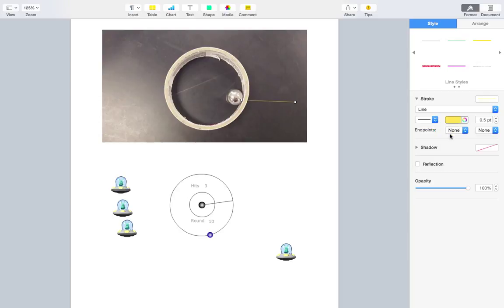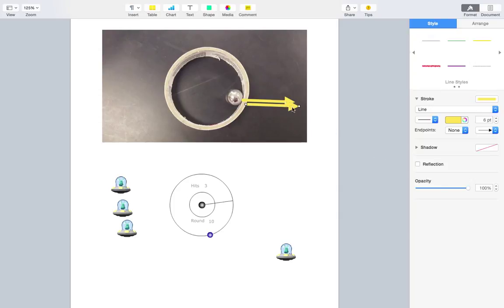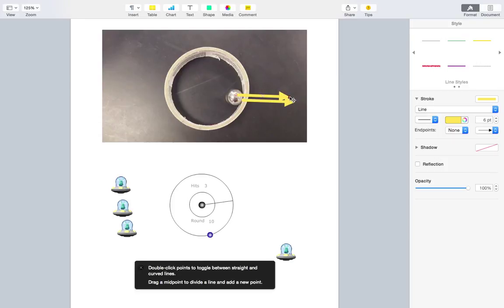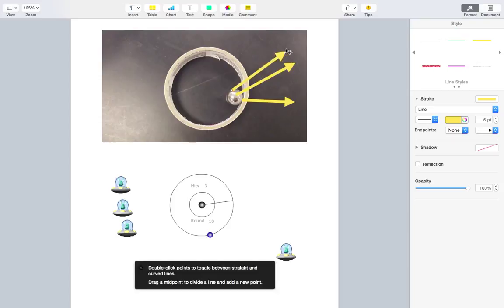We'll make it yellow and big with an arrow. All right, so some people thought it was going to do that sort of thing. Other people thought it would maybe go like that, and then still more people were thinking like that sort of path.